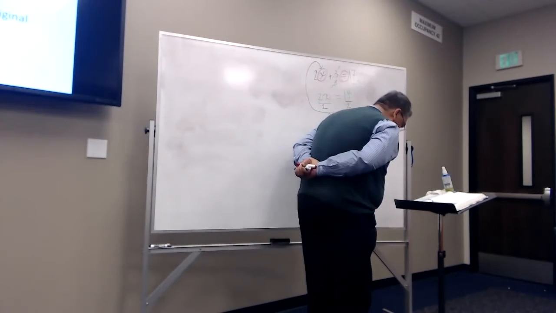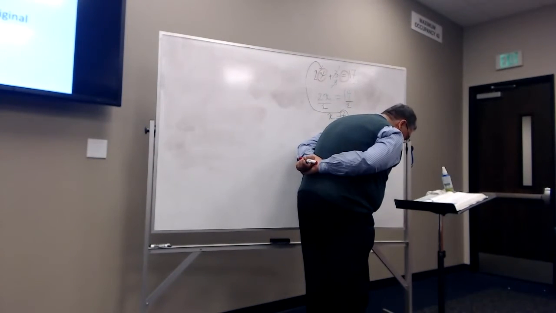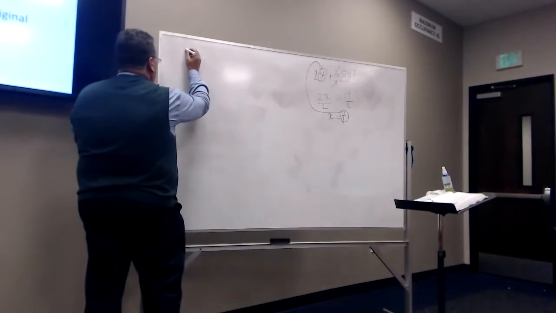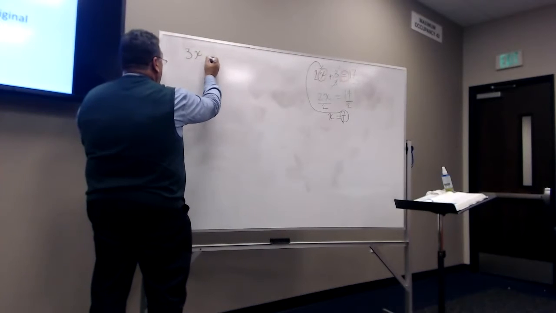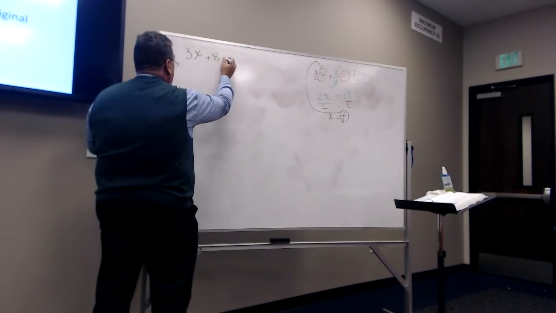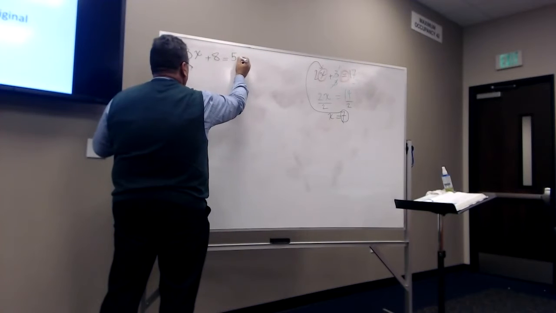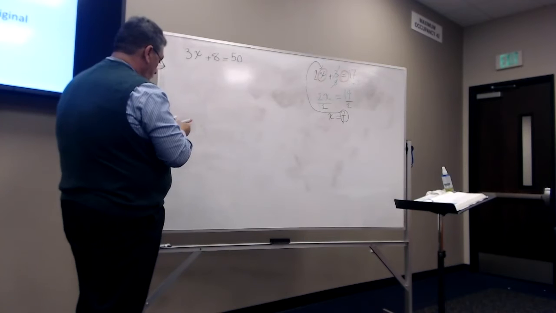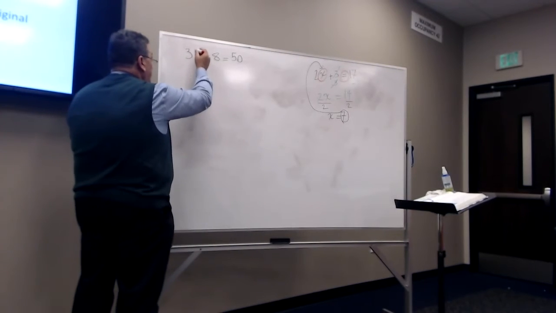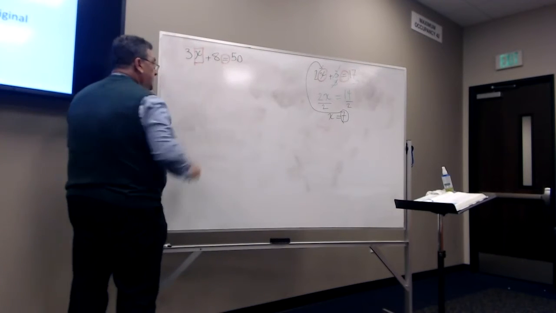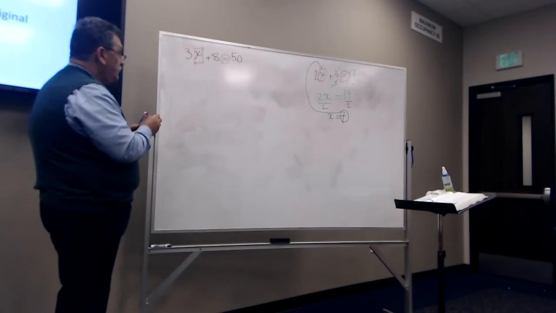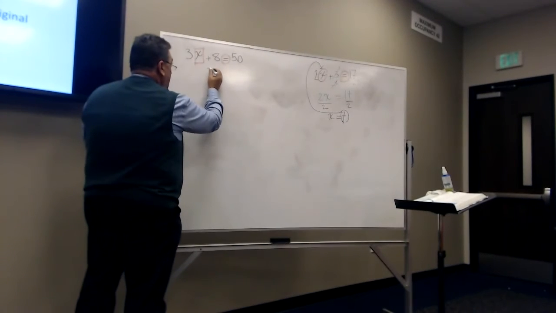Let's do, for example, number 14. 3x plus 8 equal to 50. We want to find the value of x, and if you plug it there, this equality holds. So what do we do? We subtract 8 from both sides.